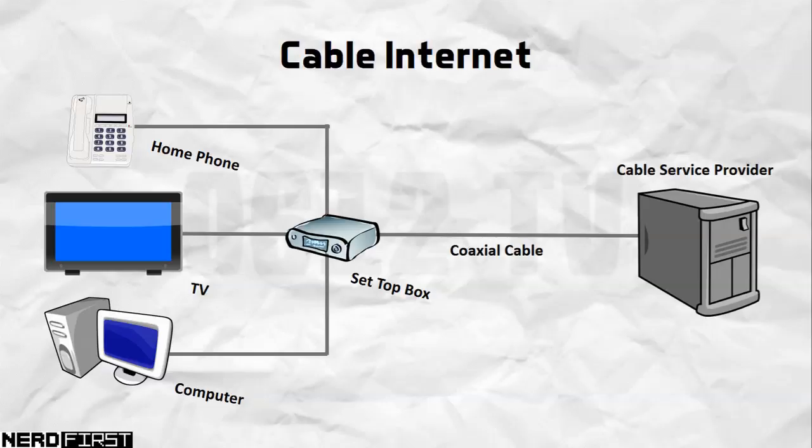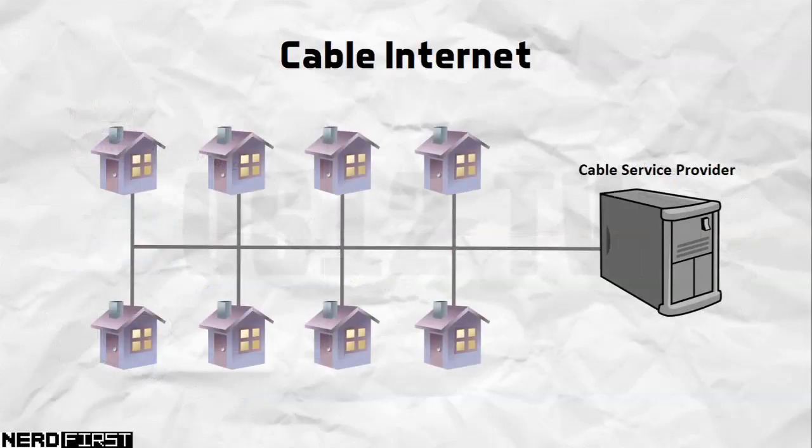Of course, coming back to the main part of this discussion, they could provide internet, and very fast internet at that. There are some caveats to this setup, however, and that usually involves congestion. You see, this is generally how a cable service provider would provide internet to many homes. Essentially, they have one big trunk that splinters off, that everyone actually shares.